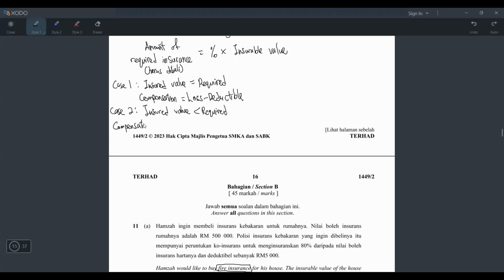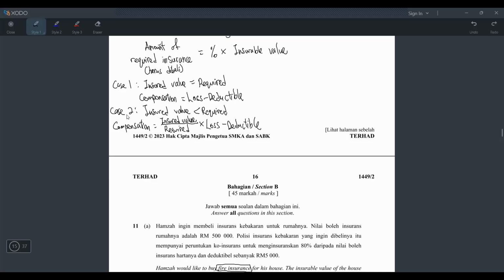The formula is a bit long. You take your insured value, already purchased, divide by the required, what must be bought. Because you buy less than the required, the small number goes on top and the big number at the bottom. Then times loss minus deductible.